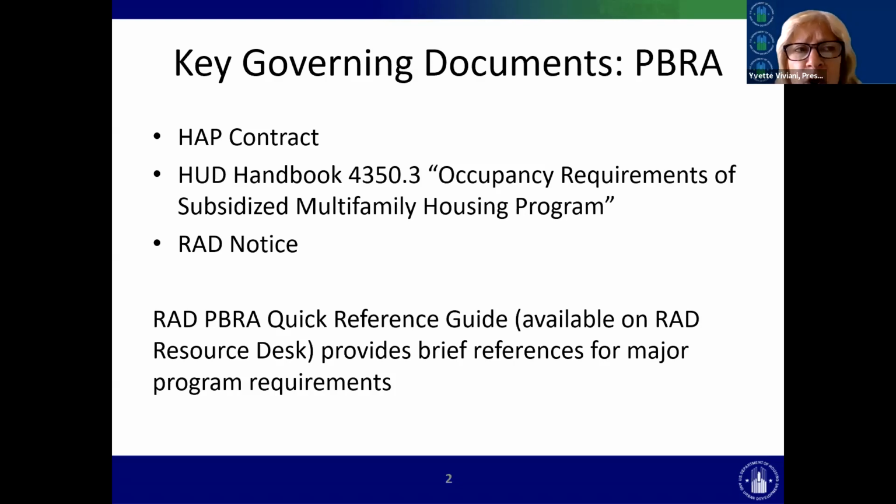But that is a rather voluminous guide, okay? Don't be intimidated by it. It's got a lot of good information in it. And what it does is it takes our 880 regs and all of our guidance on how to administer the occupancy requirements for our Section 8 properties and puts them out into layman's terms, okay?